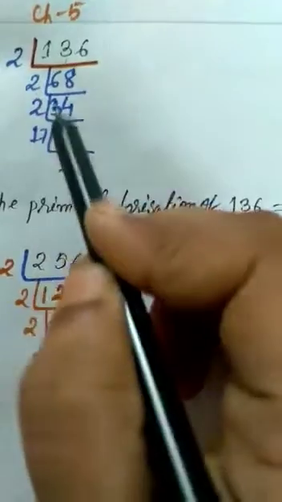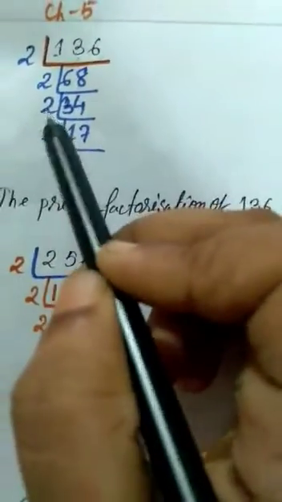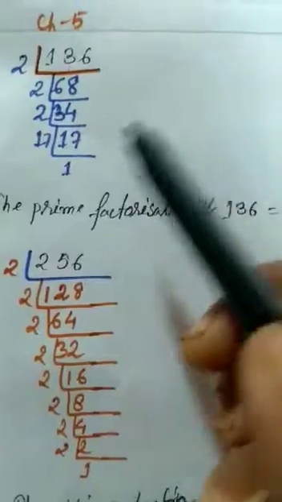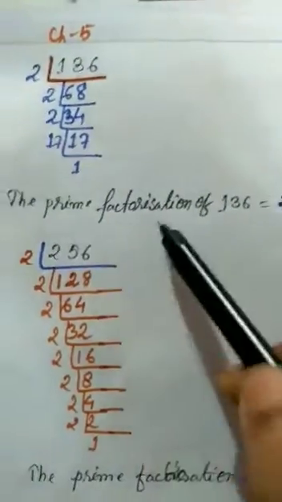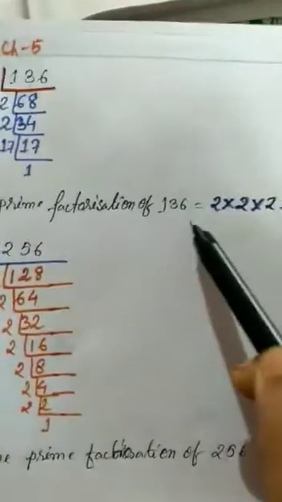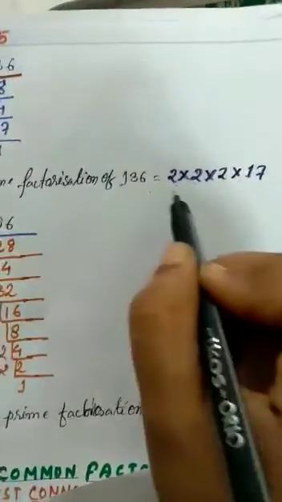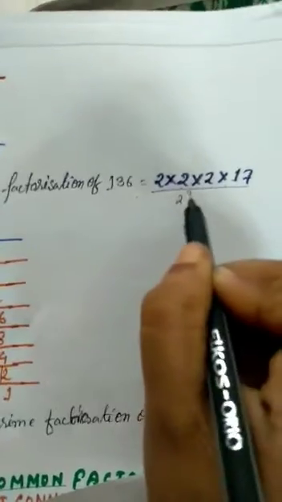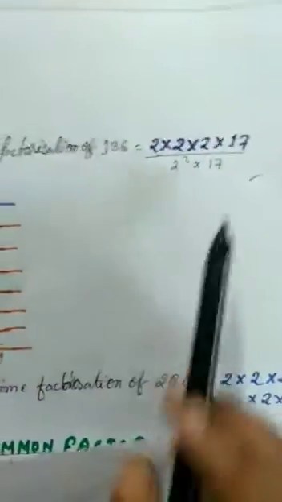How will we check? 2 3s are 6 and 2 4s are 8. Alright children. Now 2 17s are 34 and 17 1s are 17. Fine children. So the prime factorization of 136 will be 2 into 2 into 2 into 17. That means 2 cube and 17. Fine children, I hope this is clear to you now.